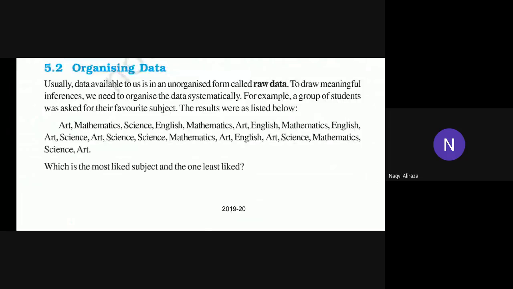For example, I am asking your class which subject is your favorite, right? Definitely, there are seven subjects only: math, science, social, English, Gujarati, Hindi, and Sanskrit. There are seven subjects, but there are 40 students, and it means on average for six students, one subject becomes favorite, right?